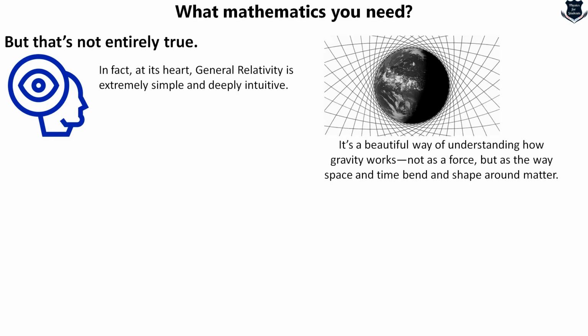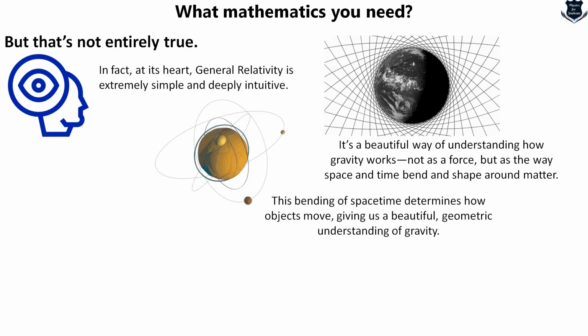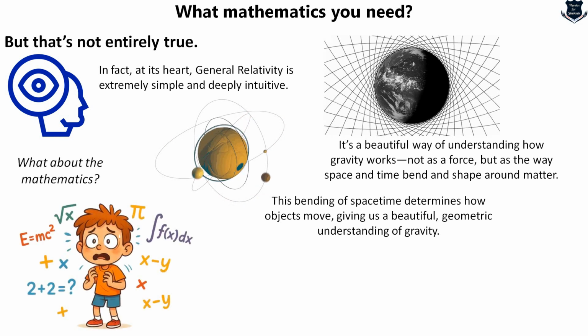It works not as a force but as space-time that bends matter around, and the things going around a solar system, the planets, happen not due to any force but due to the bending of space-time, and that makes the theory even more beautiful and even more elegant, understanding gravity at its core.